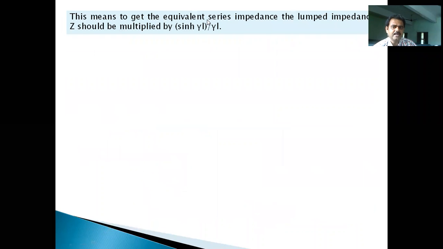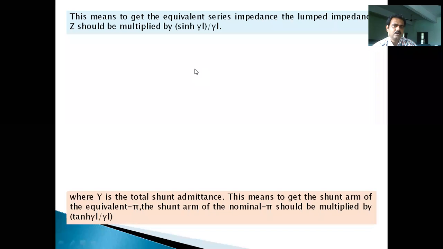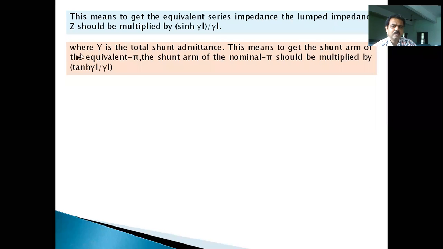This means to get an equivalent series impedance, the lumped impedance should be multiplied by sinh gamma L by gamma L. Similarly, y is the total shunt admittance, that means to get the shunt arm of the equivalent pi, the shunt arm of the nominal pi should be multiplied by tanh gamma L by 2.